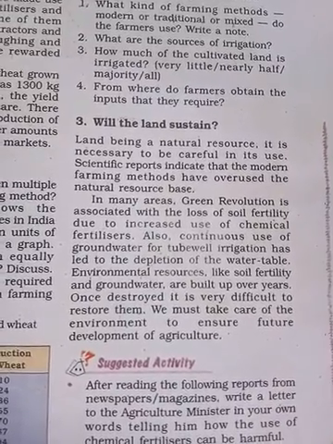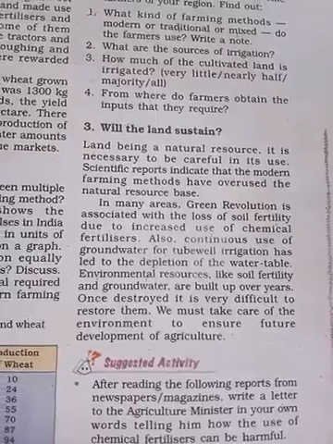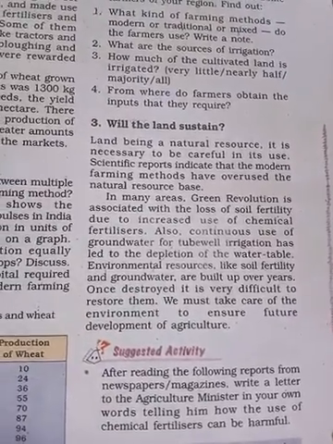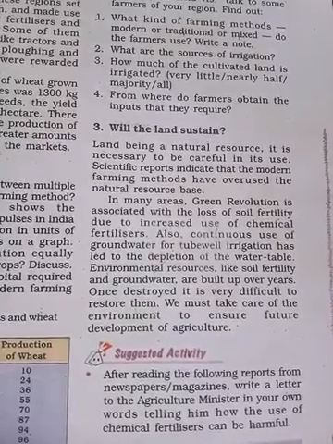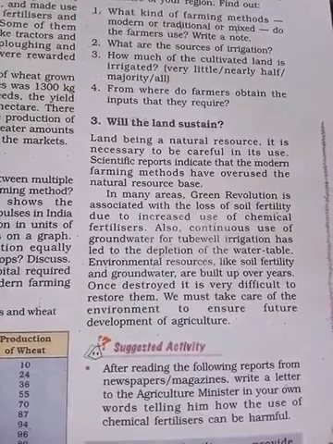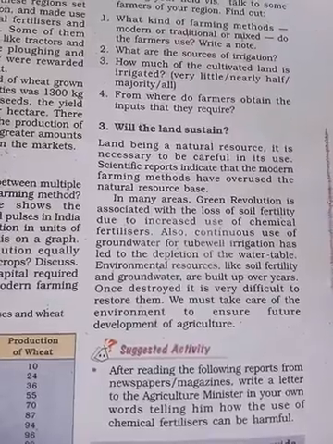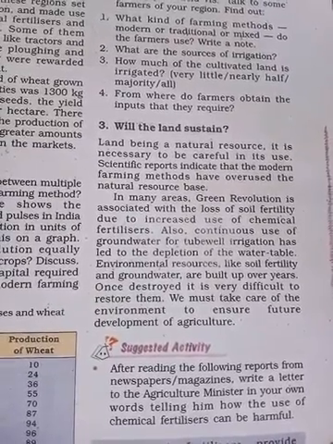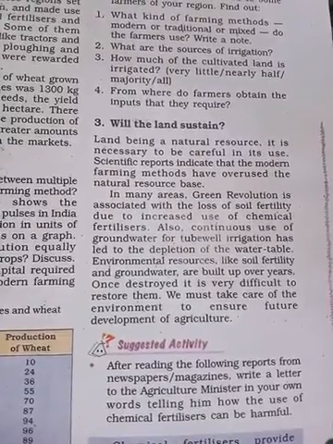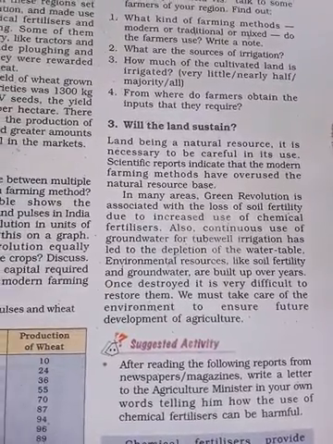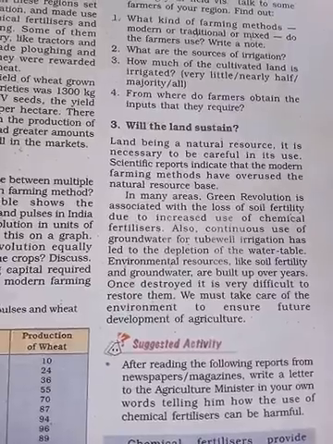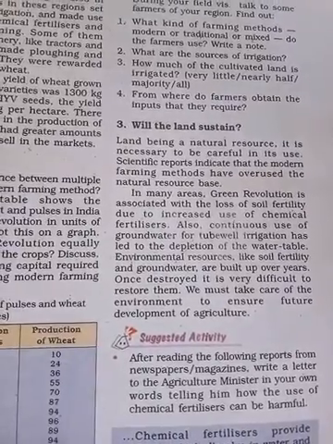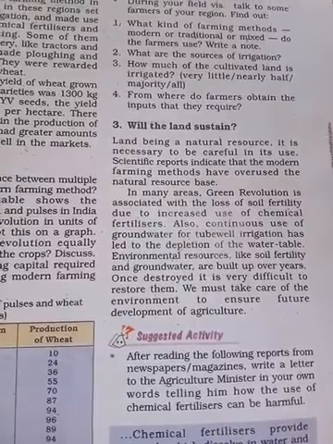In many areas the Green Revolution is associated with a loss of soil fertility. If we are using a lot of chemicals, then soil fertility is going to decrease. If we are using tube well irrigation, then the underground water level is going to decrease. So environmental resources like soil fertility and groundwater are being destroyed.